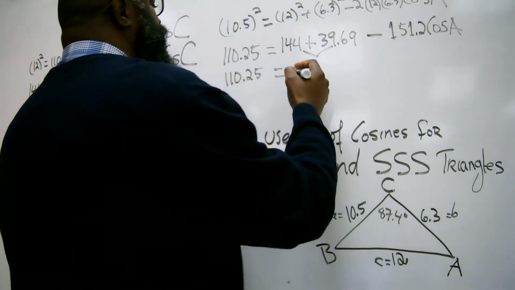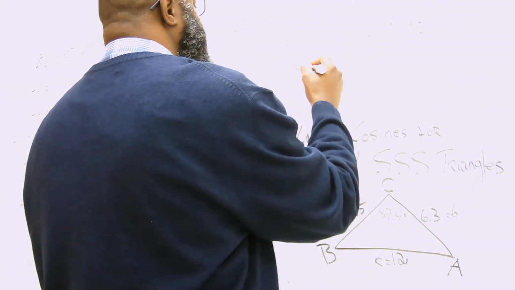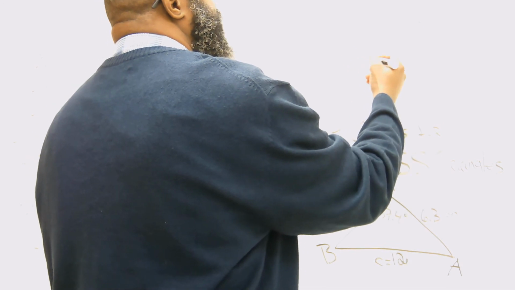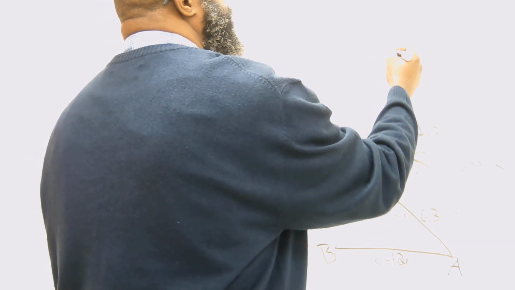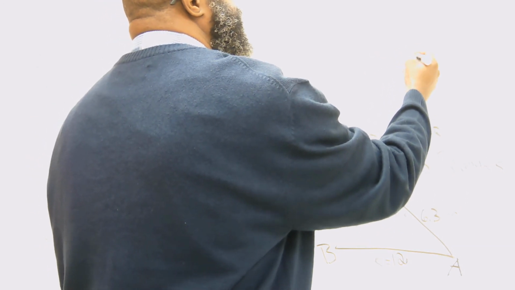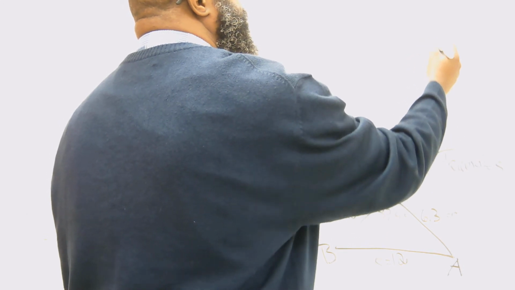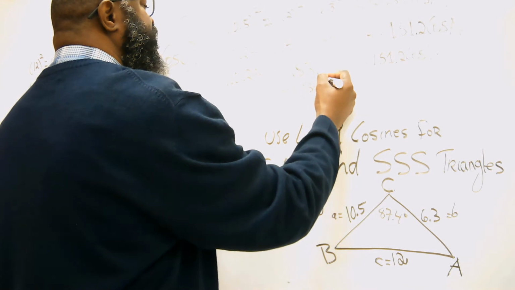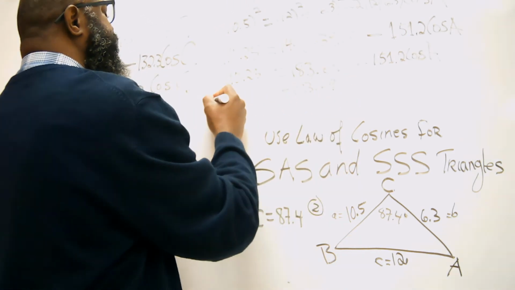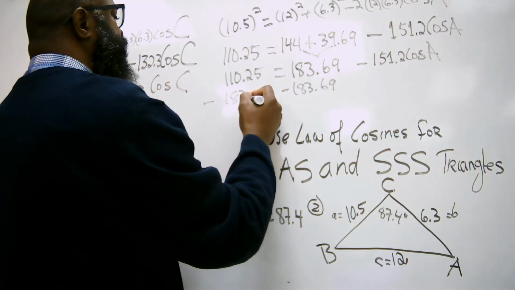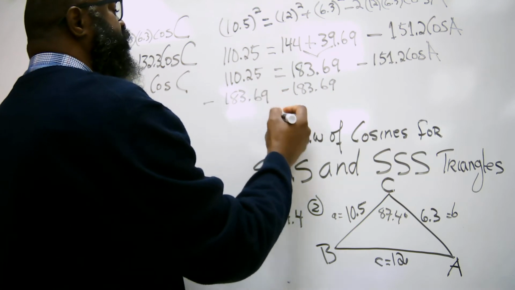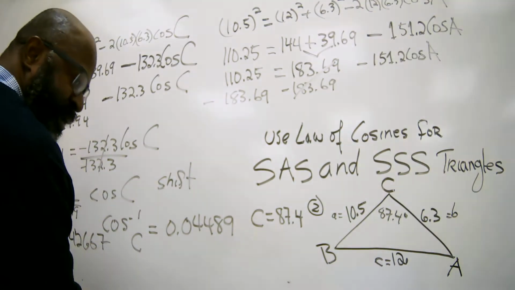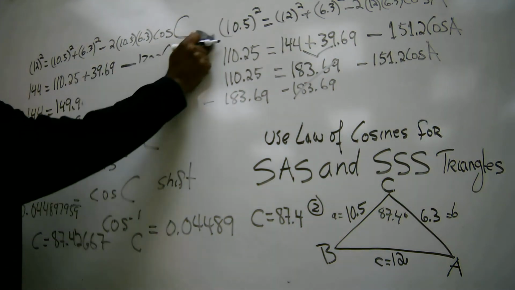Then this will give you 183.69 minus 151.2 cos A. Then I'm going to subtract 183.69 from each side. This will cancel, and I can start erasing some of this information.